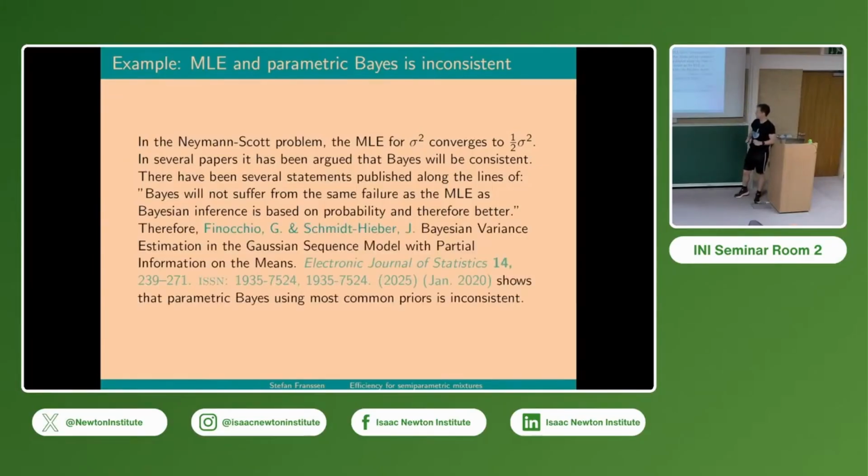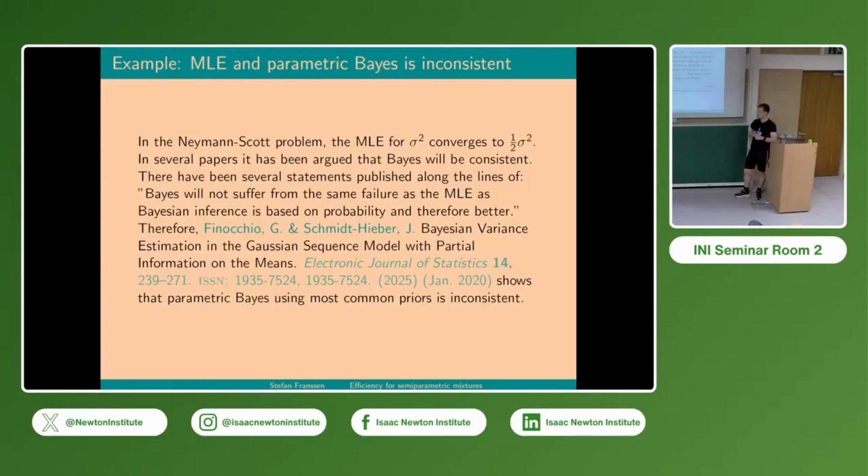So, of course, there's a paper showing that more or less every model like this, or a similar related model, where you treat all these mu i's as their own parameters with their own prior, will be inconsistent and converge to the wrong answer. So a lot of the folklore in the literature is wrong.